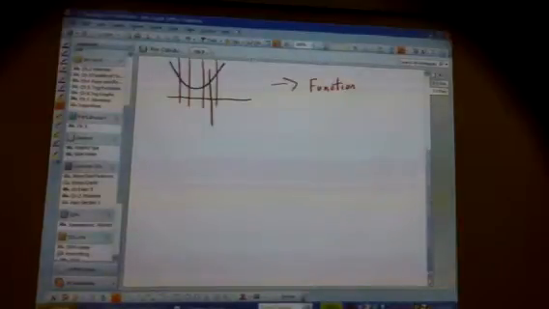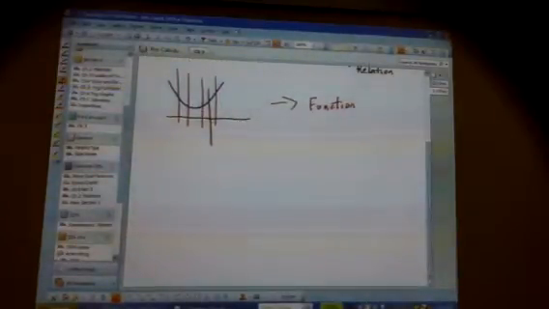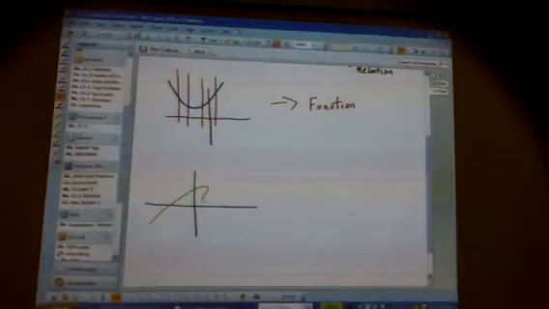Now I do want you to be careful with that. Let me just point this out to you, okay? Watch this crazy drawing. Okay? Now you've never seen that shape before. But I can still ask the question, do you think this shape is the shape of a function?